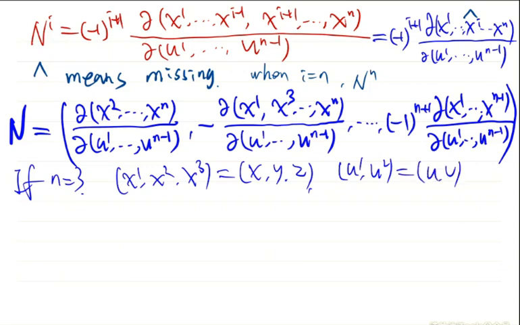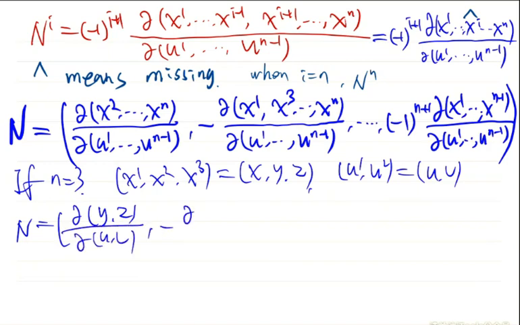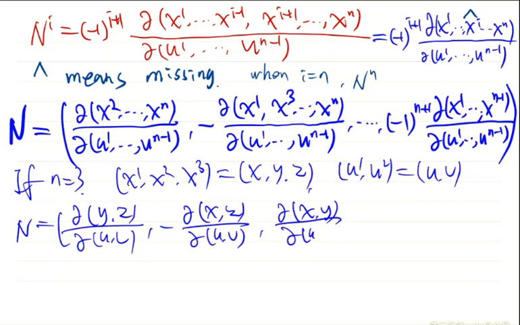Okay, so this formula becomes the determinant of x2, x3, that is y, z, with respect to u, v, and the minus x1, x3, we do not have x2, that is x, z, with respect to u, v. Finally, x, y, with respect to u, v.